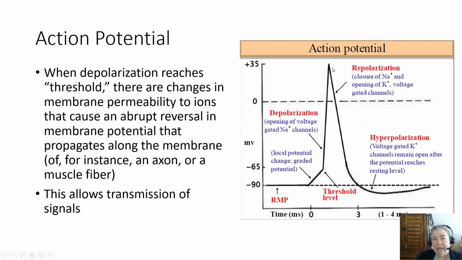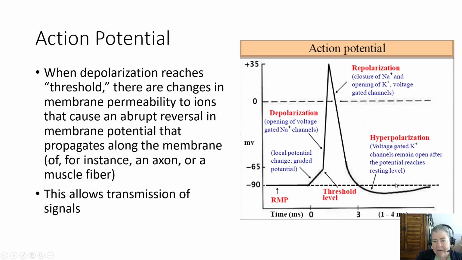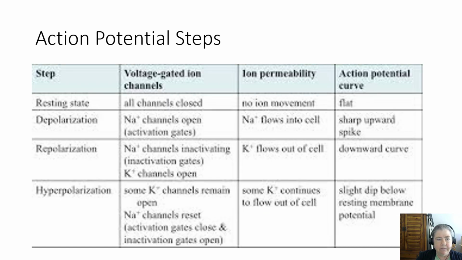So now you have a return of the polarization back a little past the resting membrane potential, and then returning to the resting membrane potential. And this propagates along the membrane of an axon or of a muscle fiber to allow the transmission of signals.